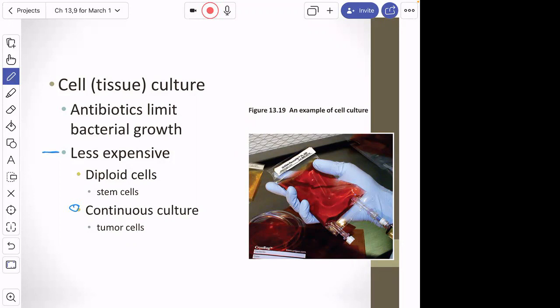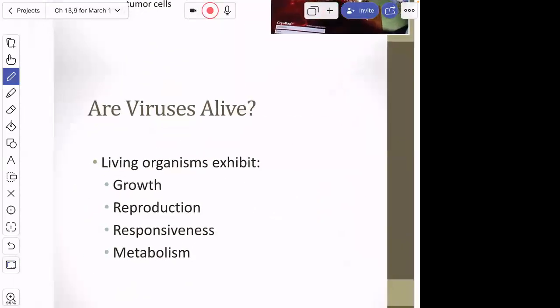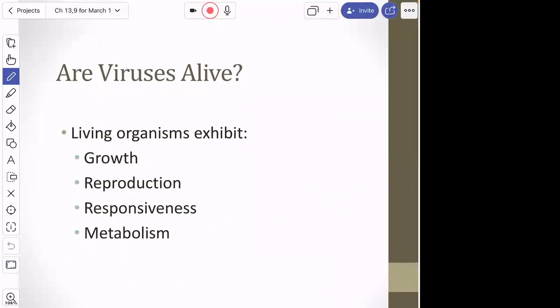Okay, there are some problems with using HeLa cells. They have changed over time. So, it's kind of hard to have a standardized cell line when they've actually evolved a little bit.